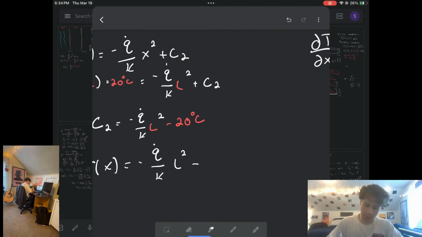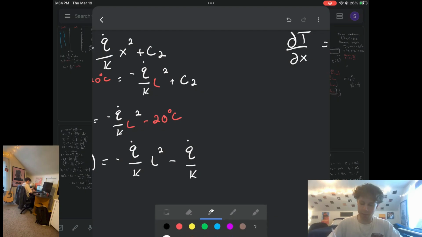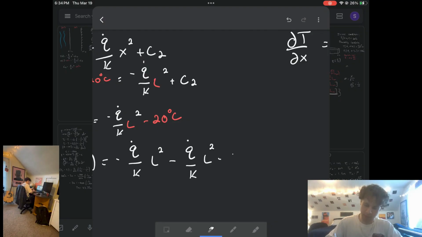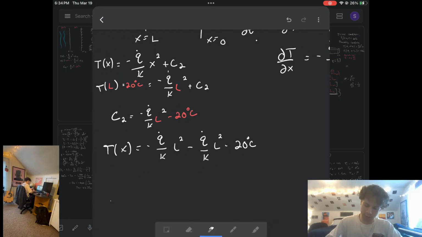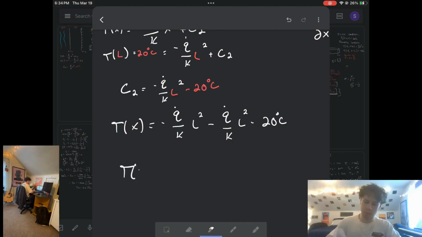So that'll be minus our heat generation divided by thermal conductivity times L squared minus 20 degrees Celsius.